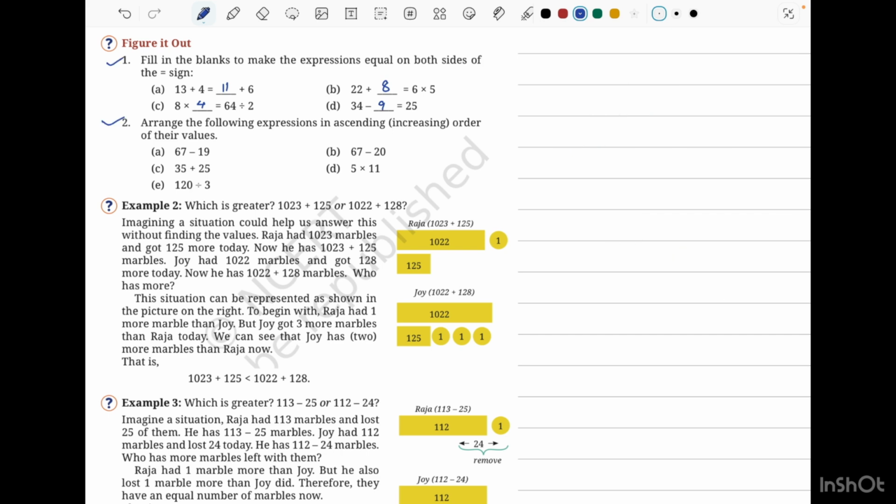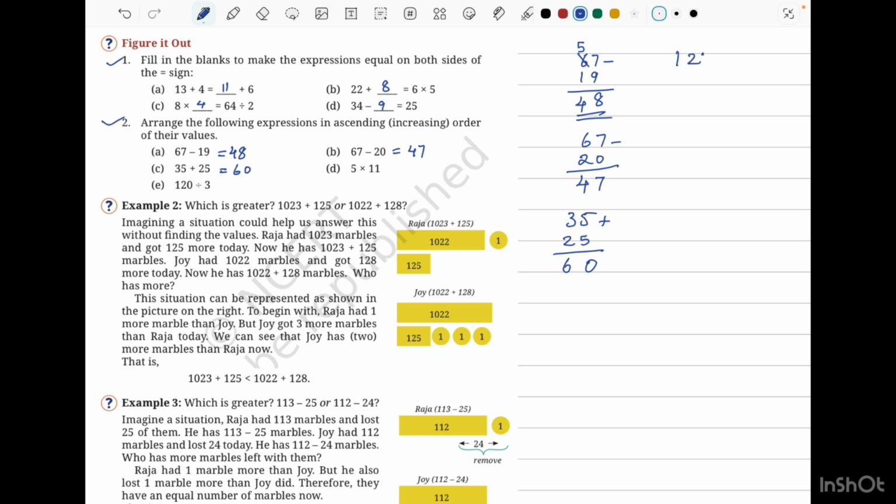The second question. Arrange the following expressions in ascending order of their values. First we have to find all the answers. First one is 67 minus 19, 48. Second, 67 minus 20, it is 47. And the third, 35 plus 25, which is 60.